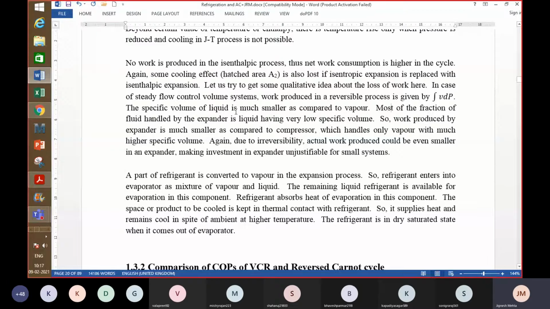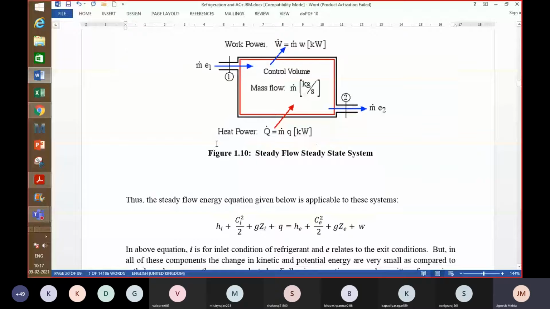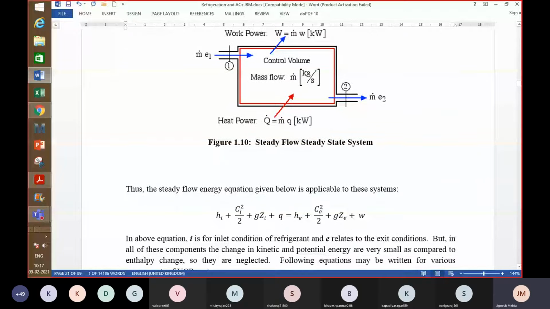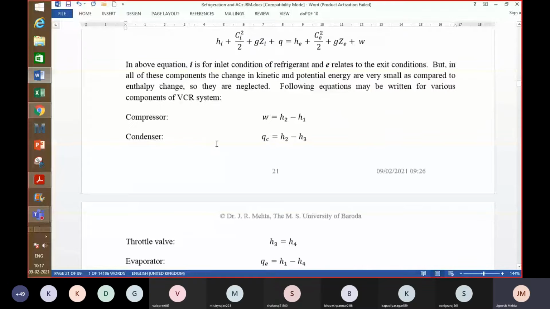Rather, you are able to replace it with a very simple device, which is a throttling device. It can be as simple as a metal plate in which you make a small hole.